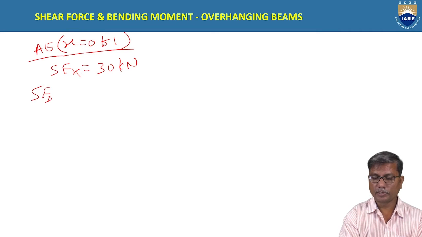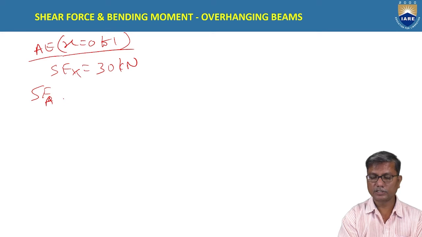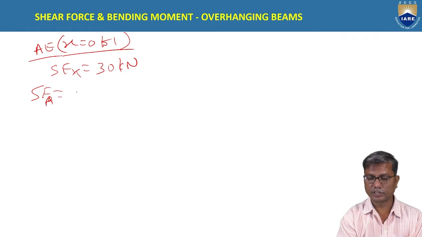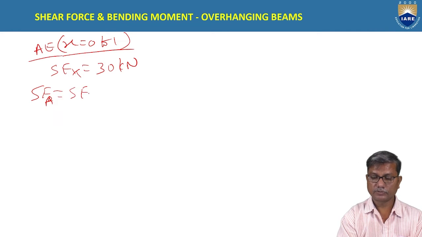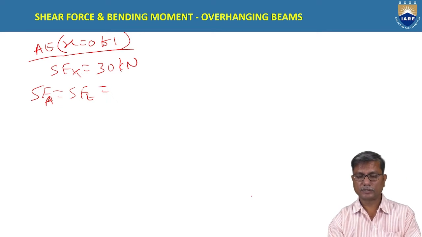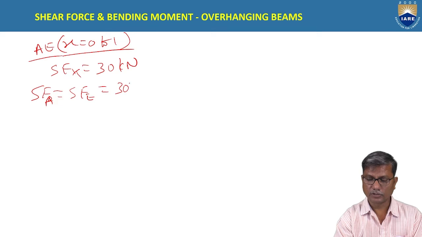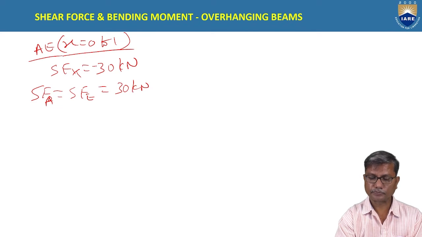It is independent of distance x. You can observe that. So shear force will be the same at both the ends A and E, that is 30 kilonewtons positive.